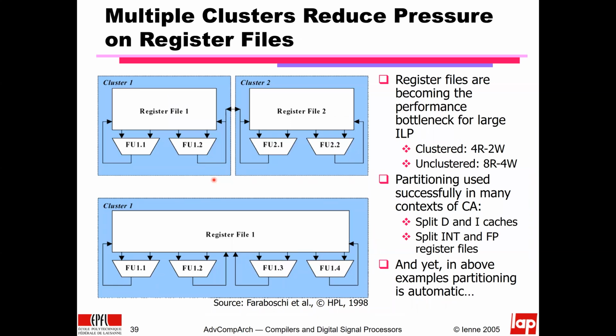So in many cases where you have partitioning in a computer architecture, it's typically in cases where it is trivial to decide how to do the partitioning. For instance, you have caches, and for similar reasons you have a cache for the data and a cache for the instructions. And why would you have two caches instead of one?